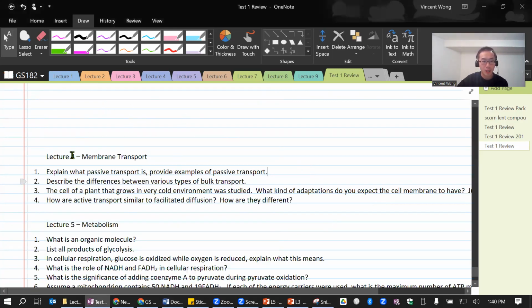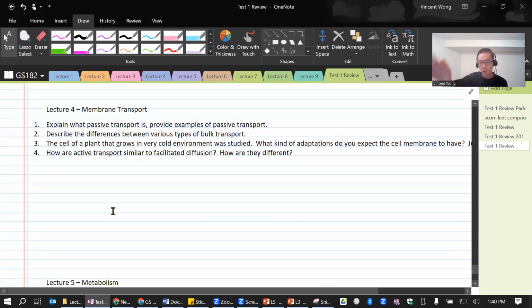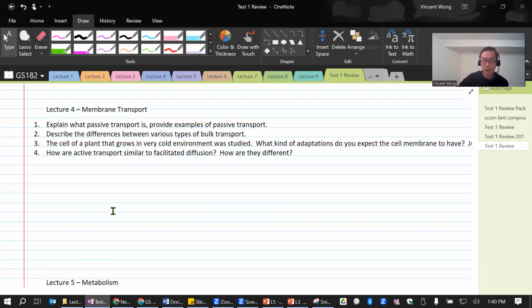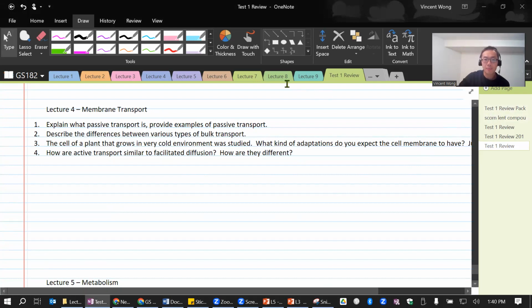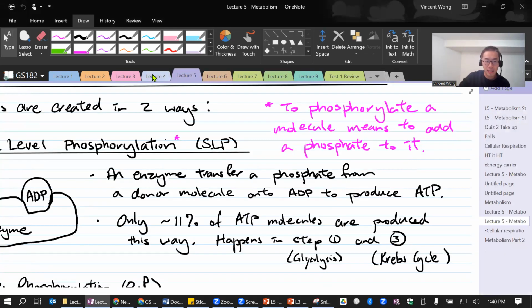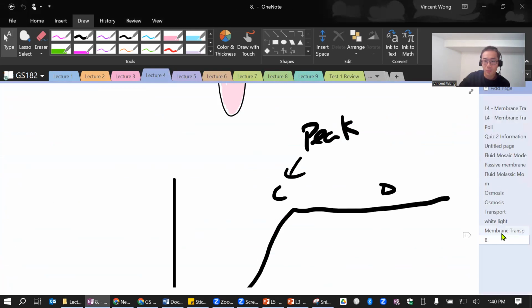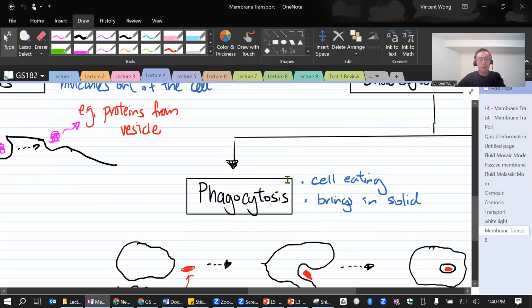Okay, membrane transport. Again, if you are going to have some notes next to you, and you are encouraged to do that for the test, then this is definitely one of those that you want to have. This table, this chart.